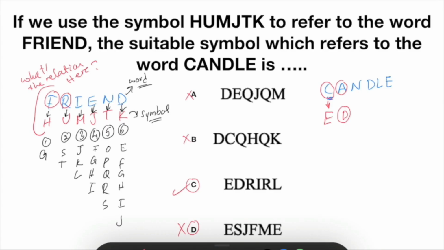So I can simply manage the question in a very good, organized, intelligent manner. First, I have a clue, some information that the word friend is referred to by the symbol HHUMJTK.